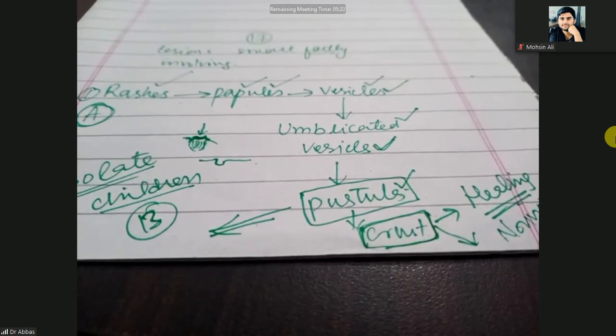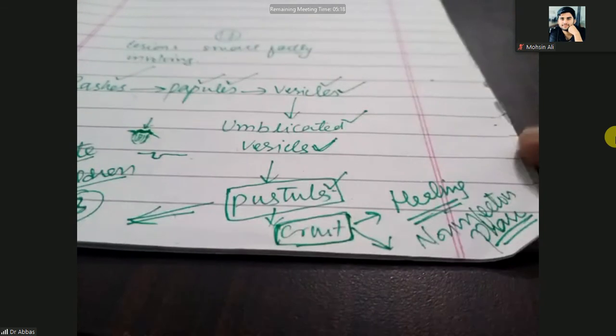They can ask in your MCQs: you isolate the child until crusting, because once crusting starts the virus has gone. The patient is isolated until all lesions become crusts.